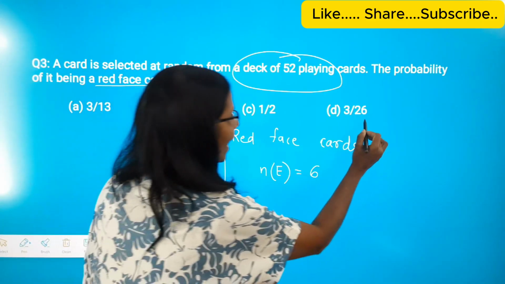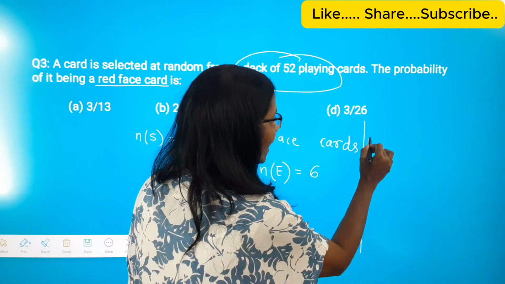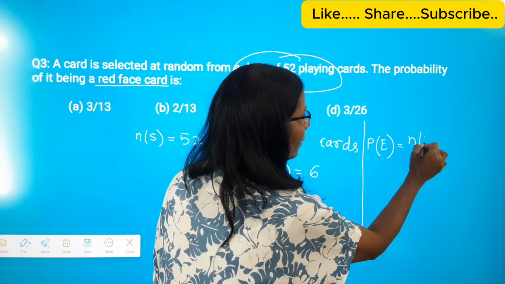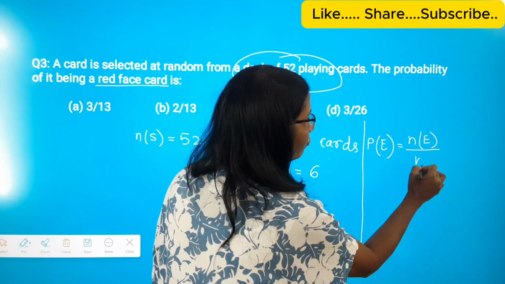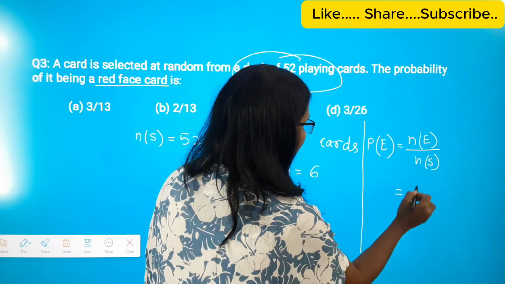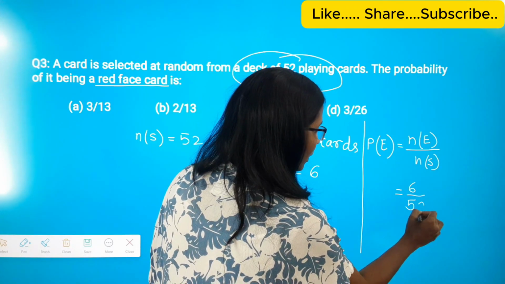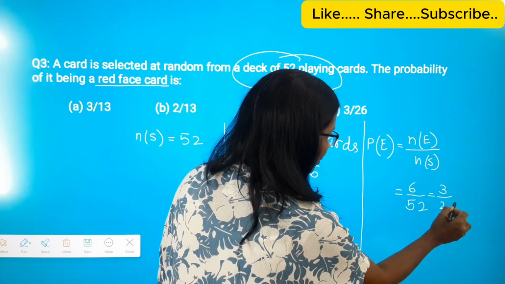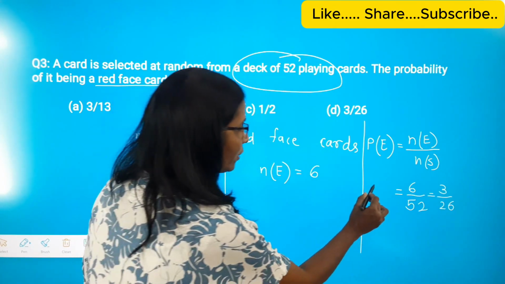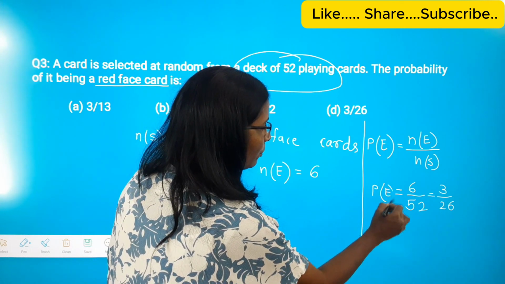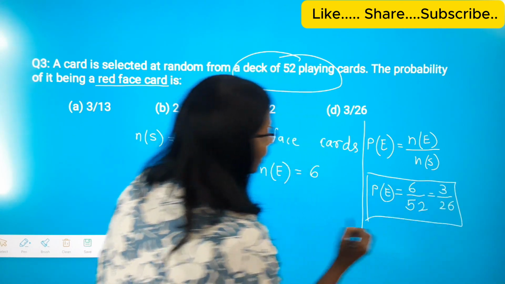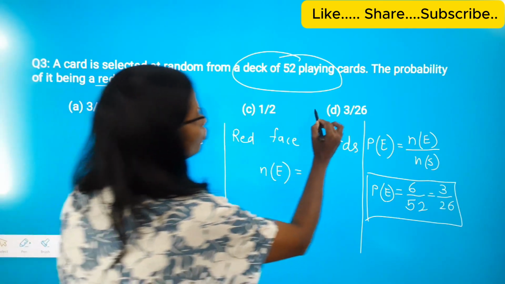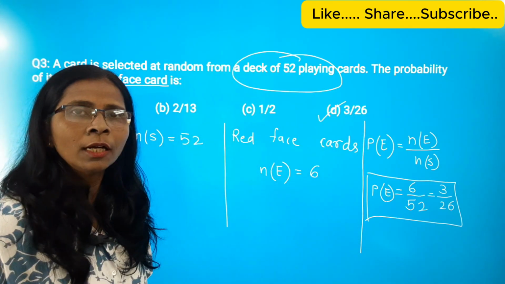Okay, students, and then here we say that probability of E is equal to n of E upon n of S. So here 6 upon 52, that means 2 3s are 6 and 2 26s are 52. So 3 upon 26. So the probability is equal to 3 upon 26. So out of these options, the D option is correct.